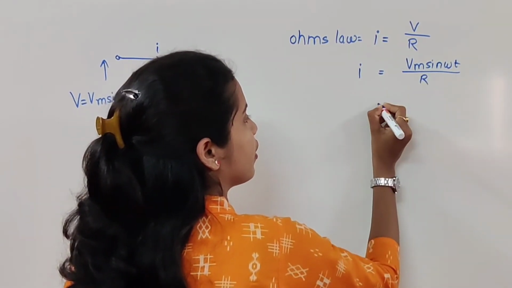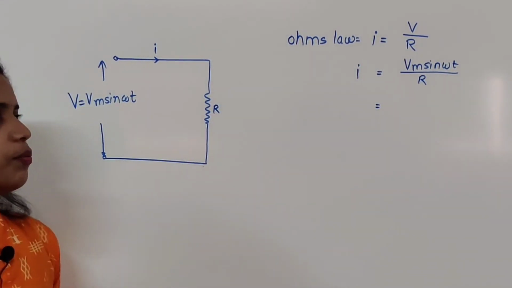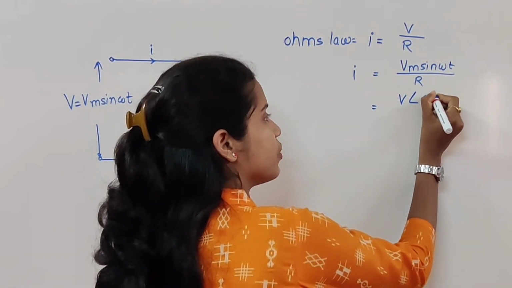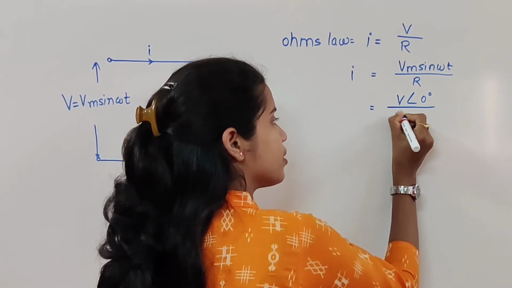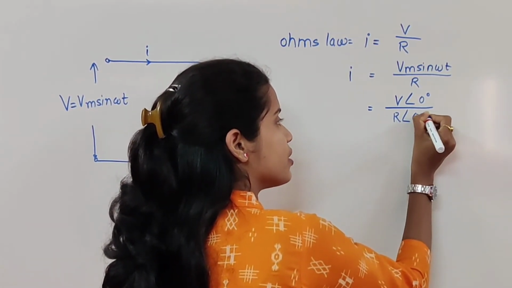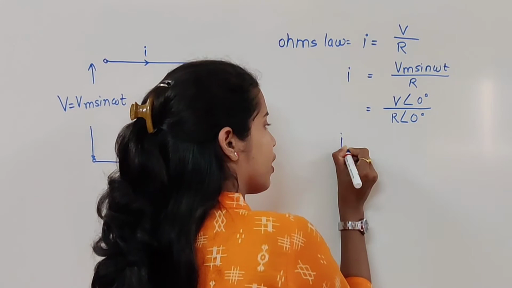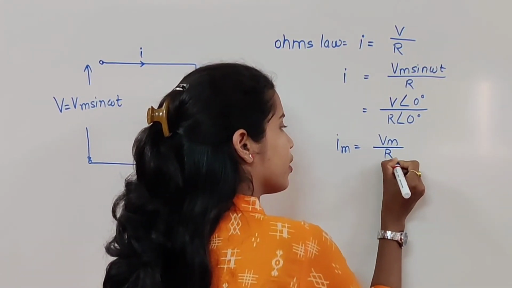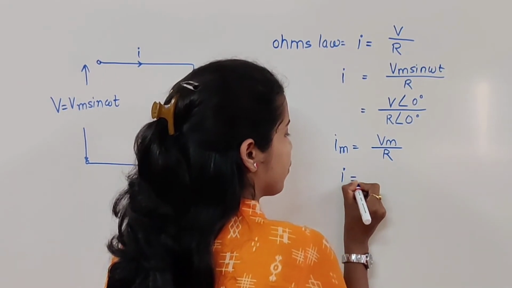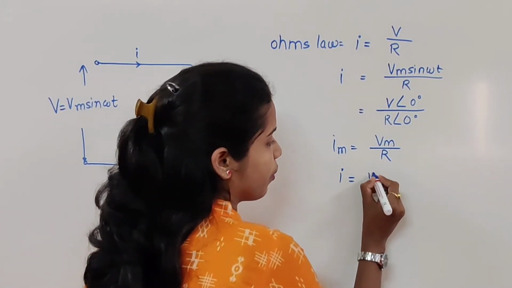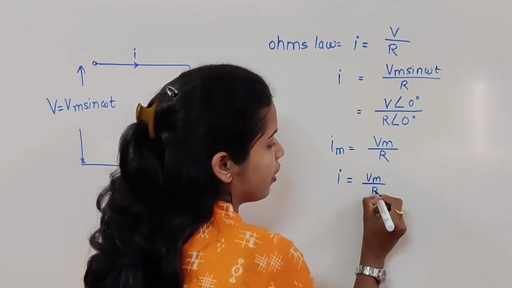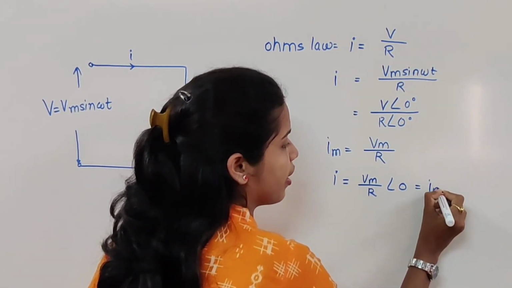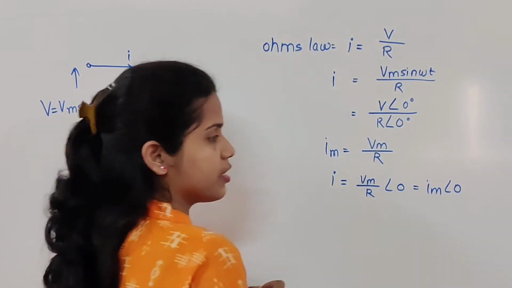So I is equal to Vm sin omega t upon R. If we represent in polar form, then voltage becomes V at an angle 0 degree and R becomes R at an angle of 0 degree. Here Im means Vm upon R. We get the expression for I as Vm upon R at an angle of 0, that is equal to Im at an angle of 0.